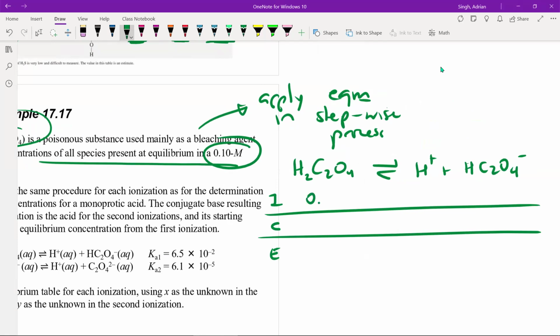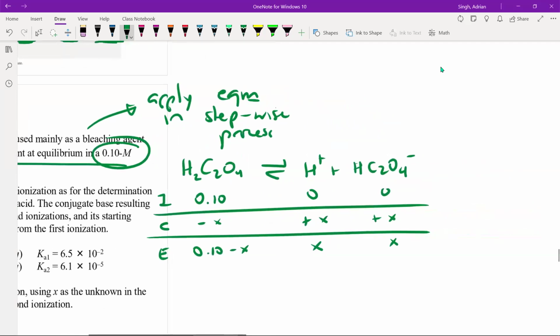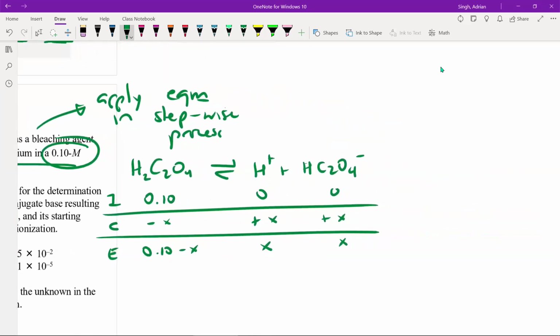We're told we have an initial concentration of 0.10 molar, none of these to start with. We're going to gain X in each of these cases. We're going to lose X in this case. At equilibrium, we have 0.10 minus X of the starting acid. We have X for the product side. So we can now write out the Ka expression. This is Ka1 for this.